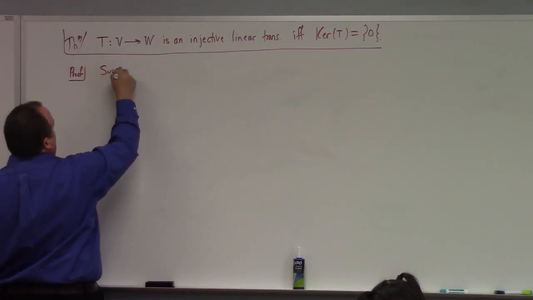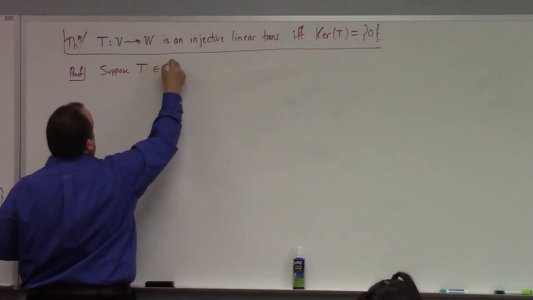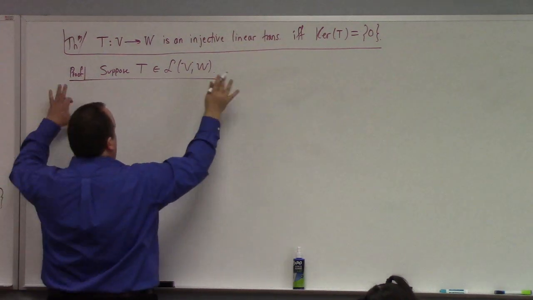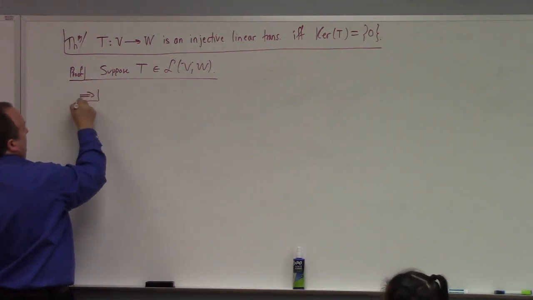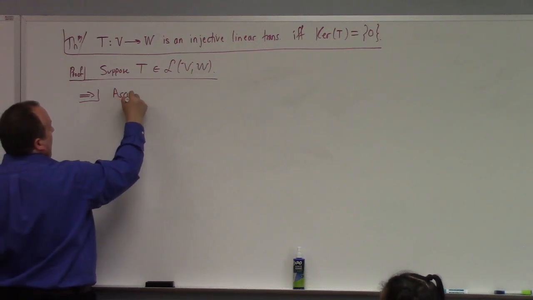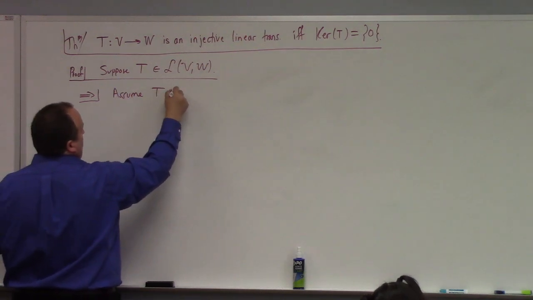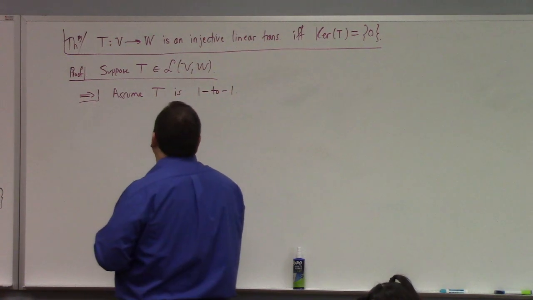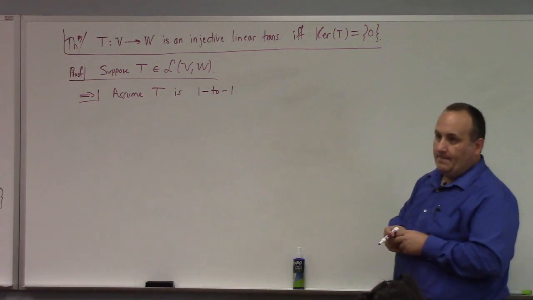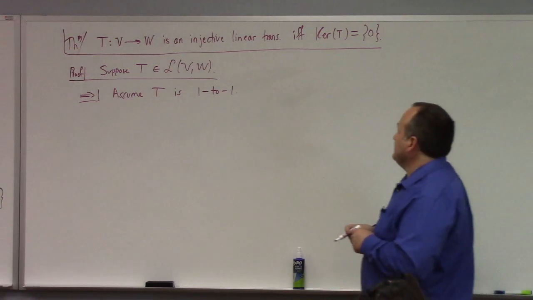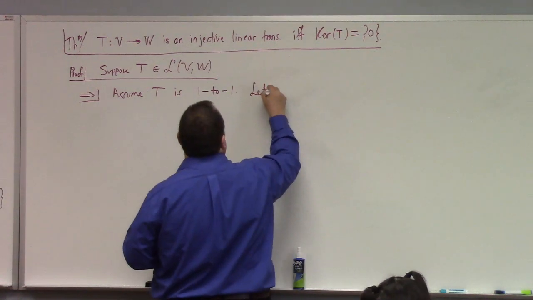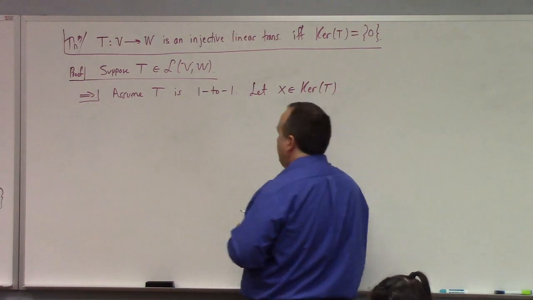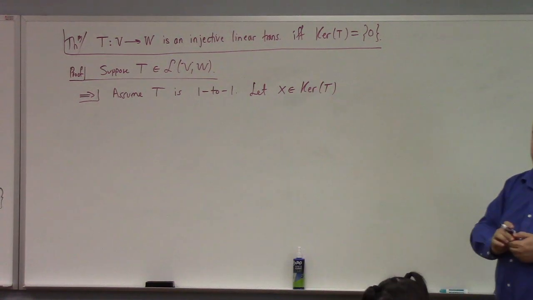Suppose T is an element of the linear transformations from V to W. That's a precondition, so we'll put that up there, okay? Now let's go this way. Assume T is 1 to 1. Let x be an element of the kernel of T. What does that mean?